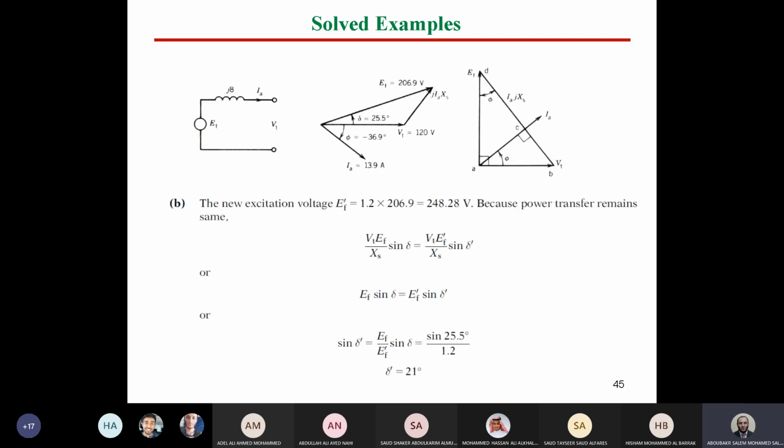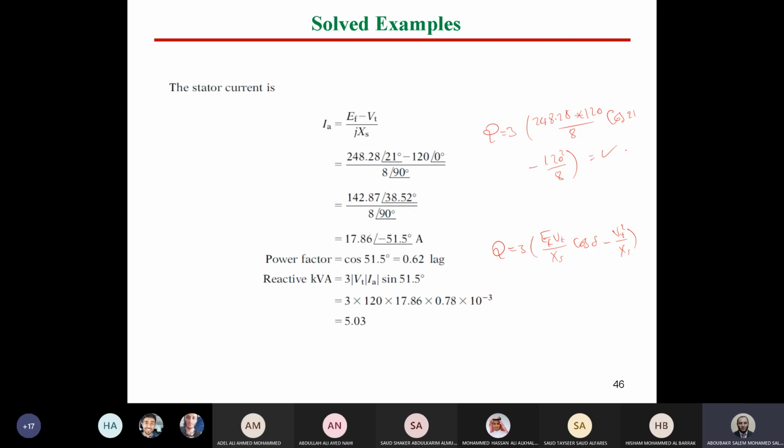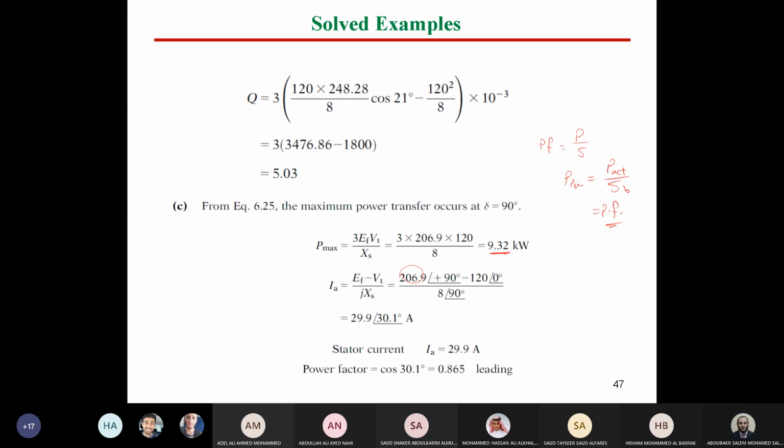This is for case number 2. For case number 1, the current was 13.9, around 14 ampere. However, here it's around twice the value or even higher than twice. Okay guys? Right. So this is the case of maximum power.